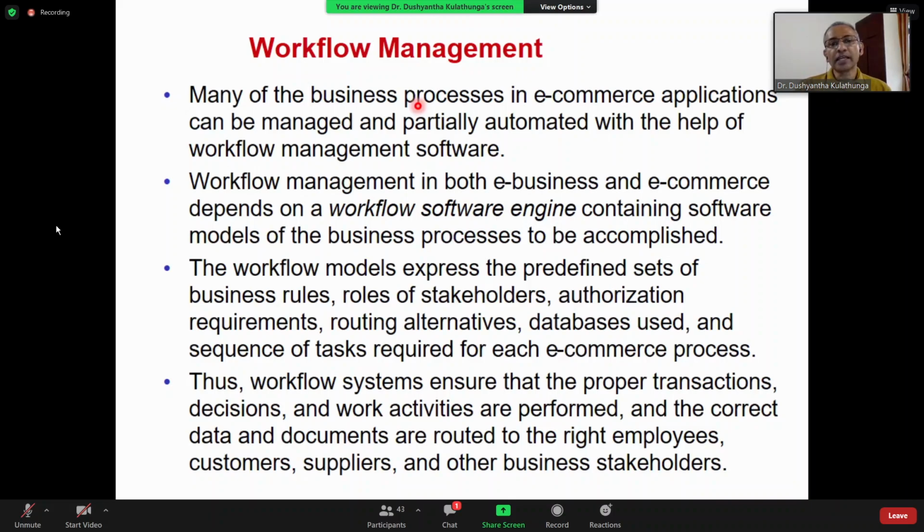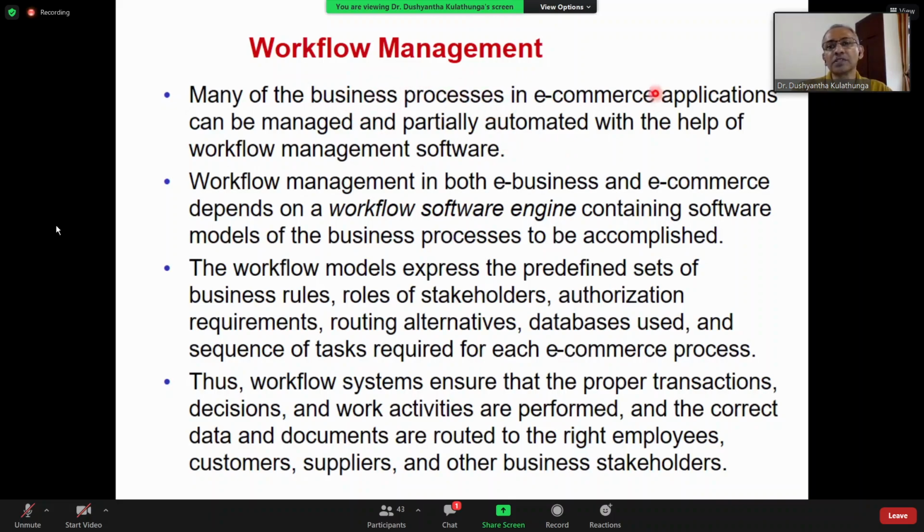We'll see how we can utilize such workflow management processes to support our e-commerce operations. Many of the business processes in e-commerce applications can be managed and partially automated with the help of workflow management software.